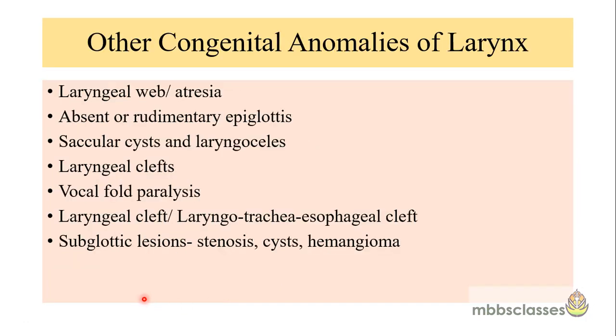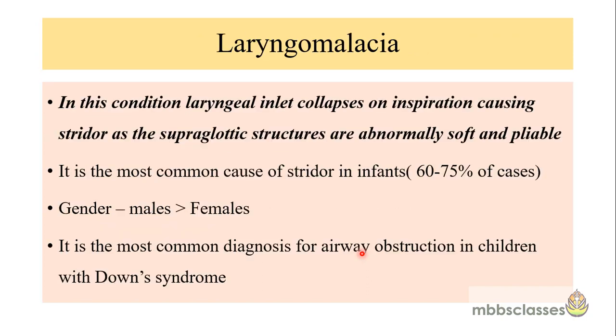The other congenital anomalies of the larynx are laryngeal web, absent or rudimentary epiglottis, saccular cyst and laryngoceles, laryngeal clefts, vocal cord paralysis, laryngotracheoesophageal cleft and subglottic lesions like stenosis, cyst and hemangiomas. But today we'll be talking only on laryngomalacia. So now let's see the characteristics of this anomaly.